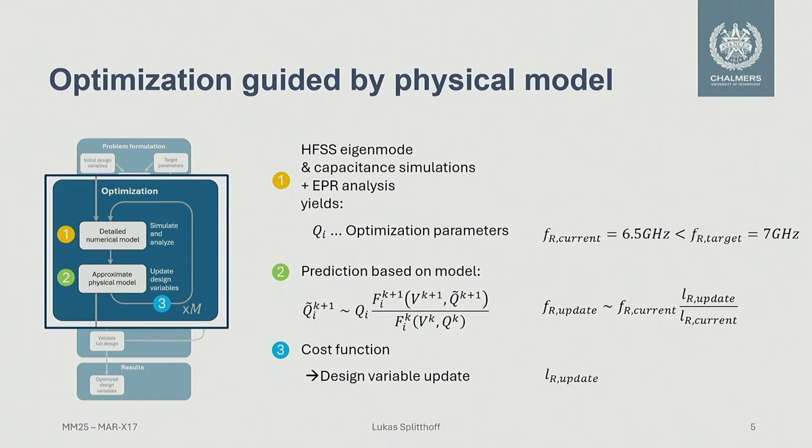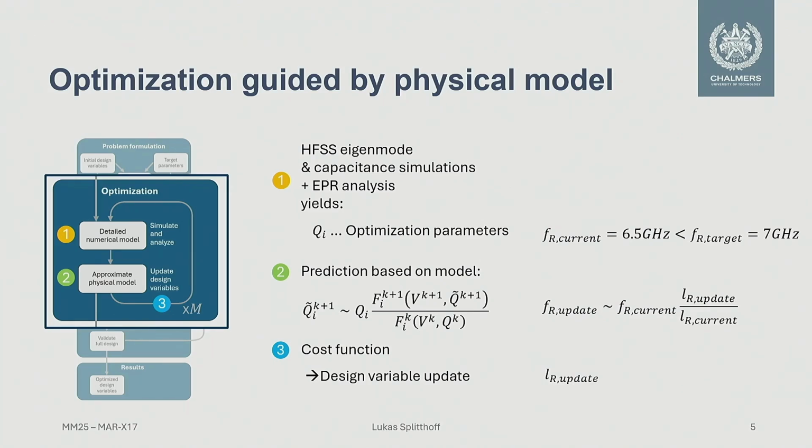Now, the question is, how do I need to change the design variable in order to get very close to the target? And this is done during a step which is the prediction based on the physical relation, implemented by this equation. What it means concretely is that we have our updated frequency that we want to aim for.